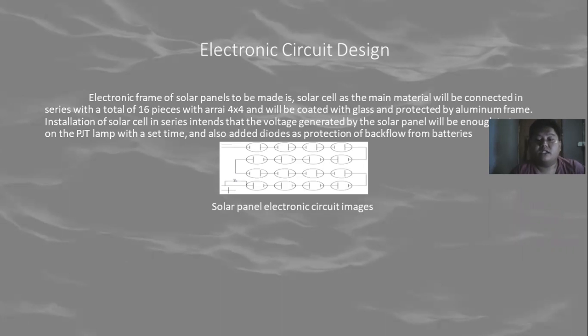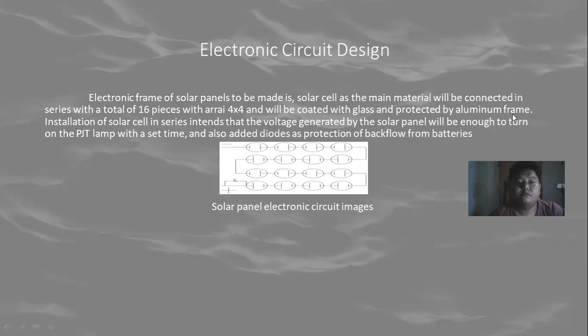Electronic circuit design. The electronic frame of the solar panel to be made is solar cell as the main material, connected in series with a total of 16 pieces with array 4 times 4, and will be coated with glass and protected by aluminum frame.